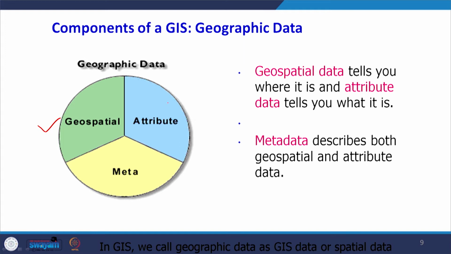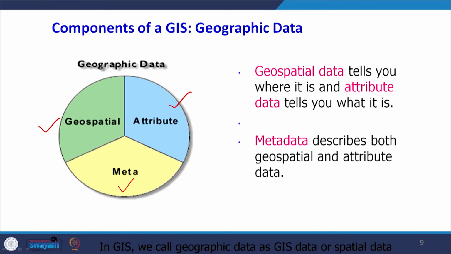The other could be the attribute data. If we are showing a building, the information about that building, how many stories there are, who is the owner, what is the area of that particular building, who is living there, when the building was constructed. These could all be the attribute information about that building.